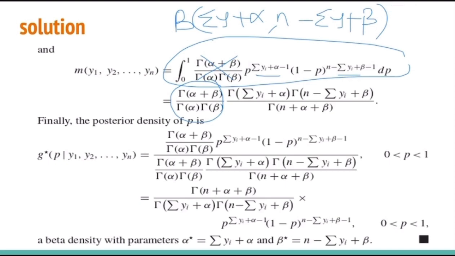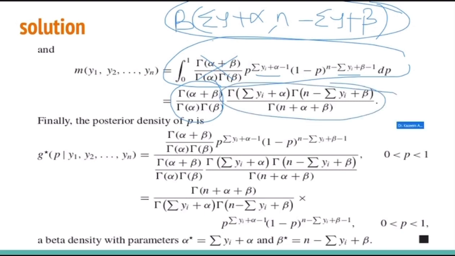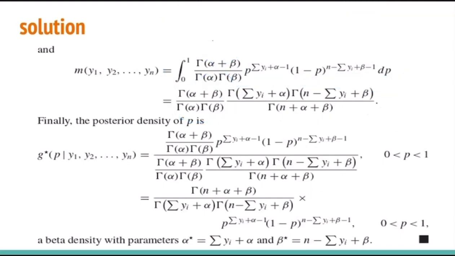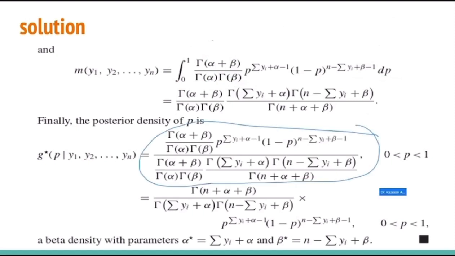Now you need to write this in a non-integral form. In non-integral form, it's going to be gamma of summation y plus alpha, times gamma of n minus summation y plus beta, divided by the gamma of the addition, which is what you have here. Can you see that? That is what we got. Now, when you go back to the posterior density, this is what you're going to have: the product of the likelihood and the prior, divided by what you get when you integrate that.